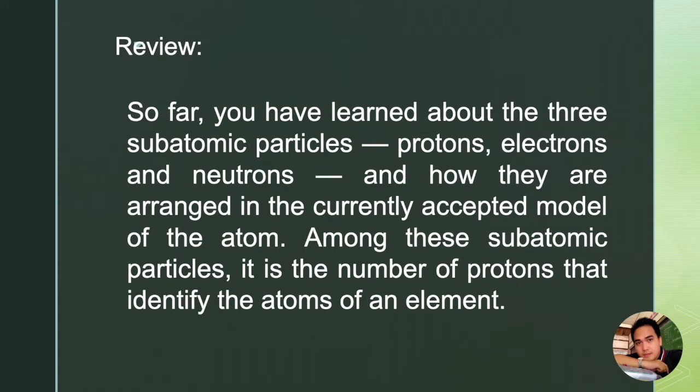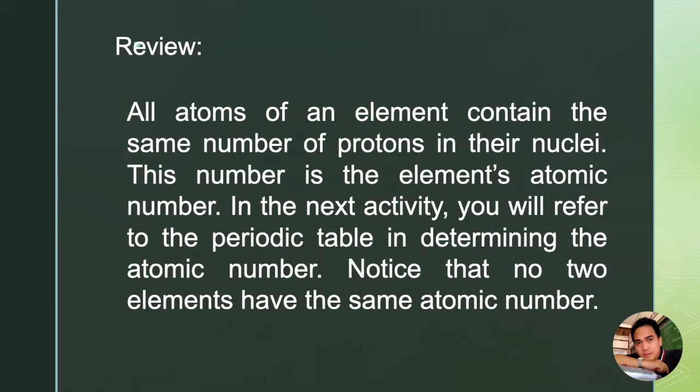So far, you have learned about the three subatomic particles. We have protons, electrons, and neutrons, and how they are arranged in the currently accepted model of the atom. Among these subatomic particles, it is the number of protons that identify the atoms of an element, and that all atoms of an element contain the same number of protons in their nuclei.